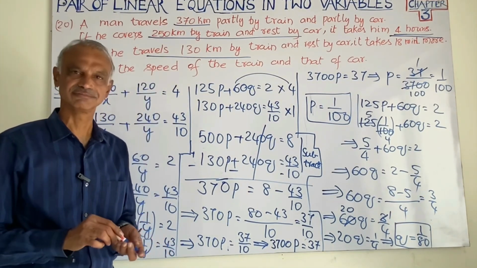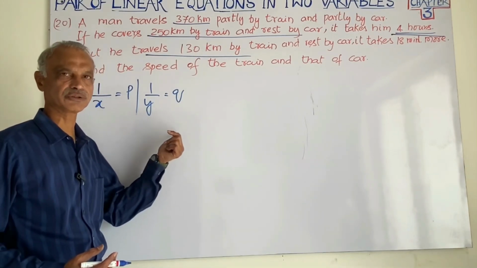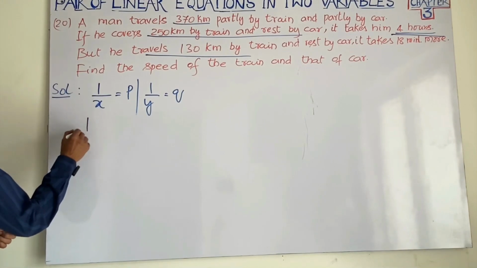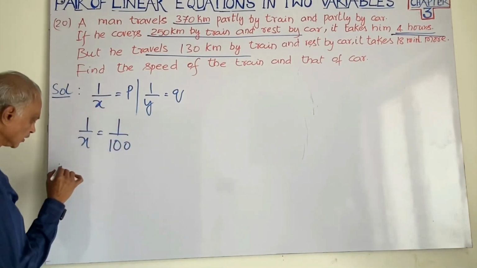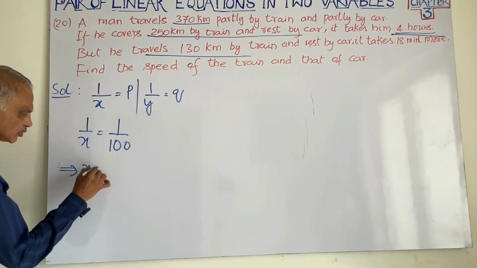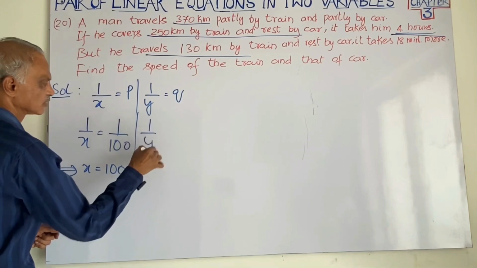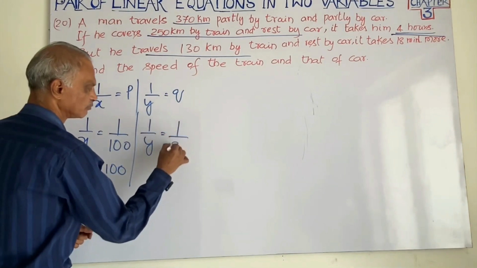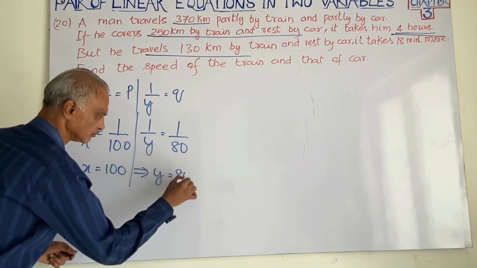Now we have 1/x is equal to p and 1/y is equal to q. What is the value of p you got? 1/100, implies x is equal to 100. Next, what is the value of q you got? 1/80. y is equal to 80 you will get.